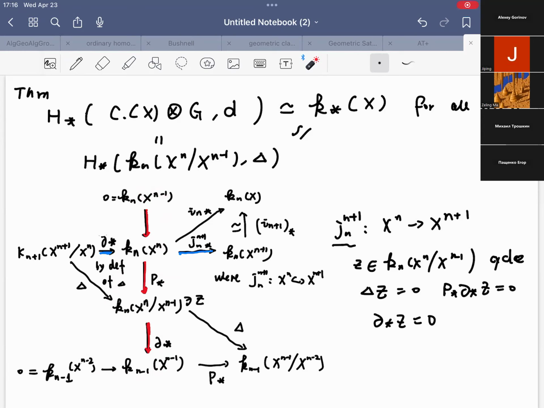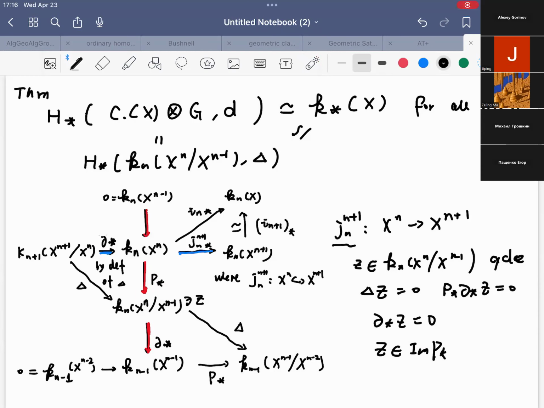This is partial star Z equal to zero, so it must be in the image of p star.